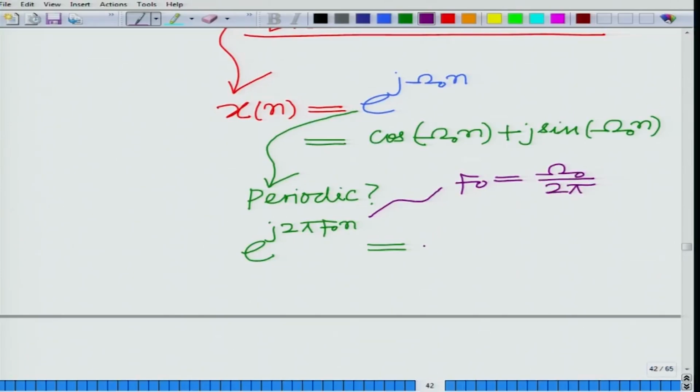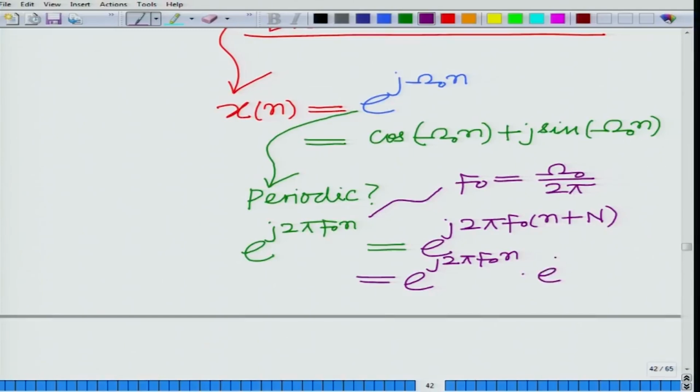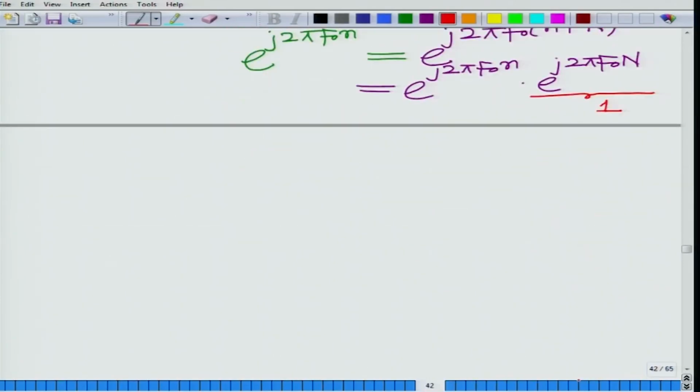This is equal to e to the power of j 2 pi f naught into n plus N, where N is the period, which equals e to the power of j 2 pi f naught n times e to the power of j 2 pi f naught N. Now, this is periodic only if this quantity e to the power of j 2 pi f naught N equals 1.